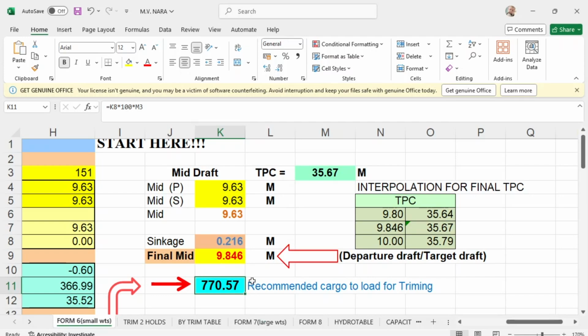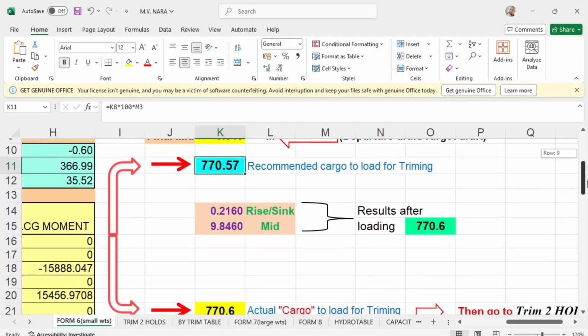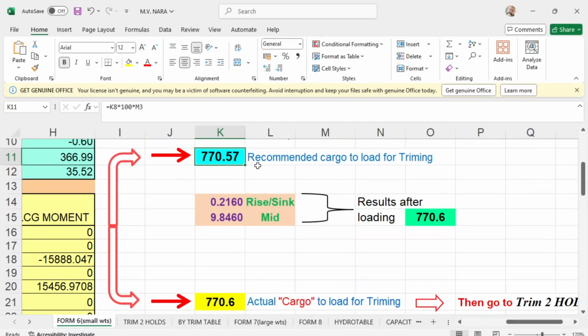Again, when you load this cargo of 770.57, you will have a draft of 9.846. That is what it meant here. So we just follow the arrow, guys. Follow going down.